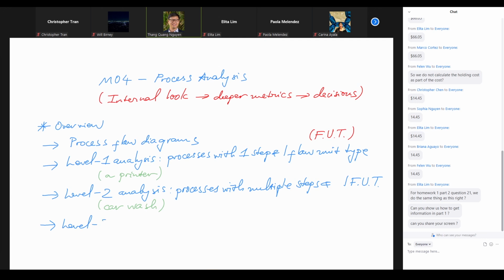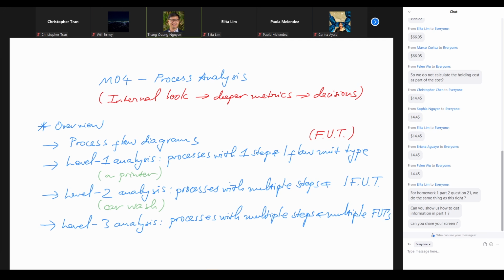In level 3, we talk about processes with multiple steps, and at the same time, multiple flow unit types.